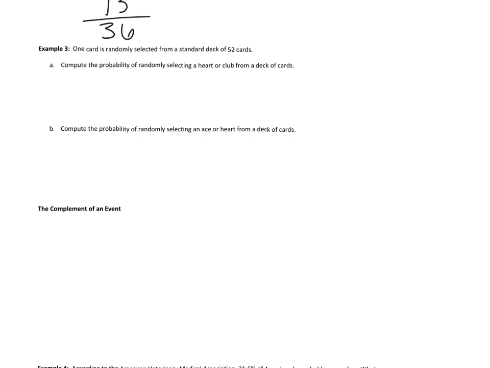So first great step is always to write out what we're trying to find. Probability that we get a heart or a club from our deck of cards. And these are suits, and there's 13 of each suit. So 13 out of 52.